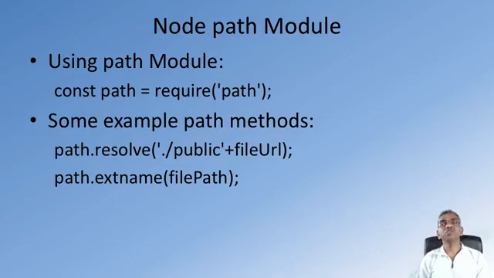And then this supports methods like, for example, path.resolve, which will convert a relative path into an absolute path, the entire path to the file. You can also check the extension name for the file by calling the path.extname function and supplying the file path, and that will examine the extension of the file name.